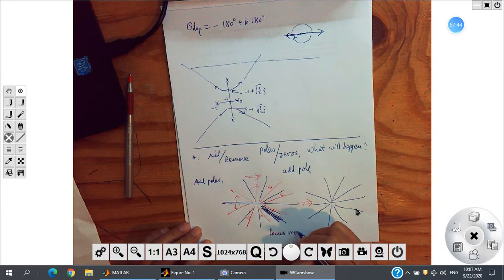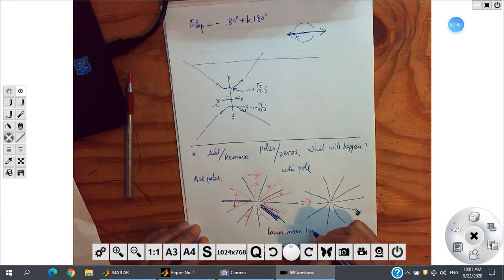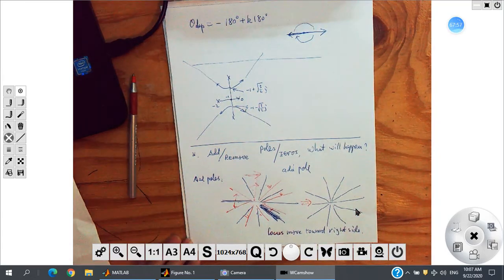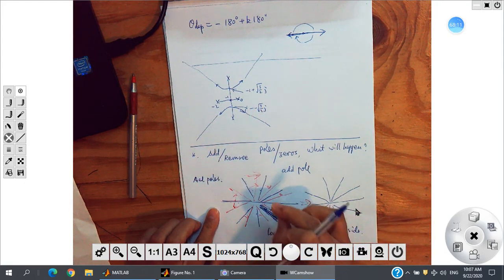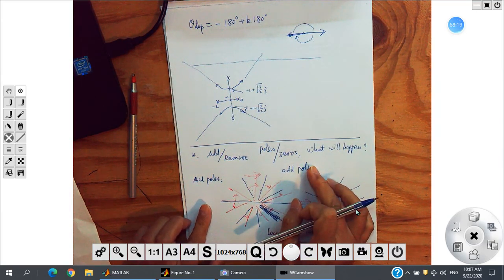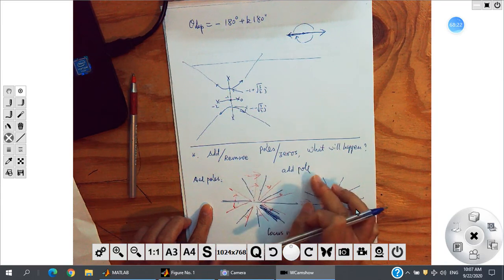They move toward the right side. And oppositely, if you remove poles, they will go to the other side. Adding a zero is similar: the zero will not go to infinity, and the loci that start from poles go to infinity. Now you have one more zero, so that locus will go to the zero.